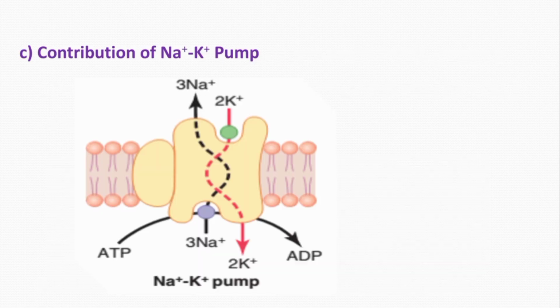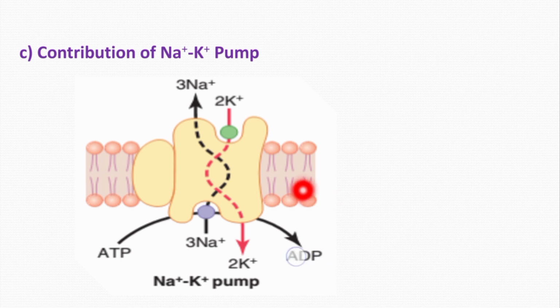So here comes the role of the third factor, that is the sodium potassium pump. So what is the sodium potassium pump? Basically, as you can see in this figure, the sodium potassium pump is present in all the cell membranes, and it is an electrogenic pump. That is, by using ATP, this pump moves the ions against the concentration gradient.